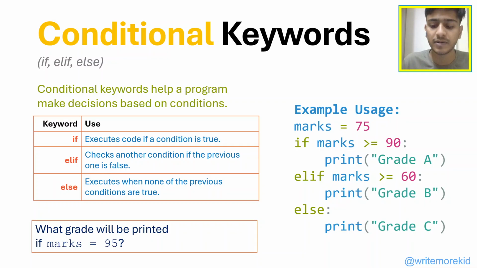Let's say you have multiple conditions. So you will use elif, then condition two, again a colon, then a coding block will start for elif. Same thing: code which needs to be executed when condition two is true.